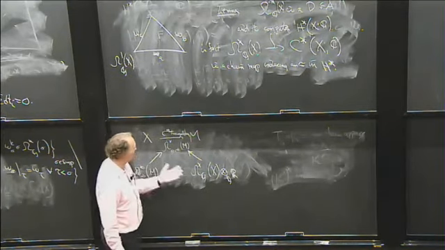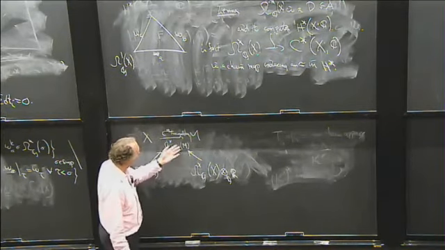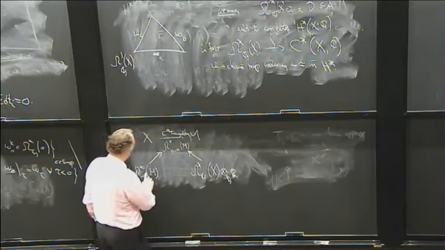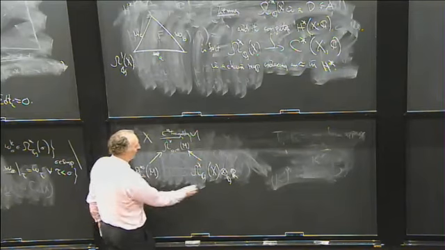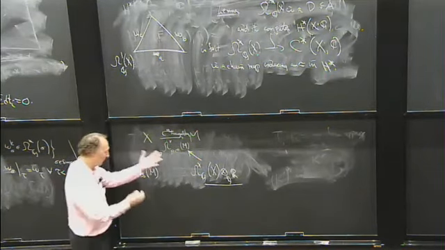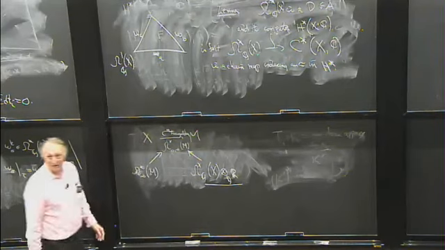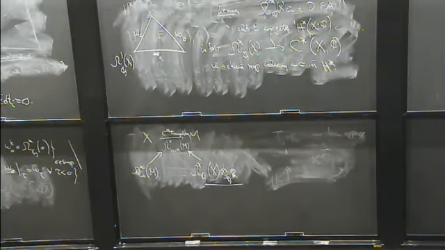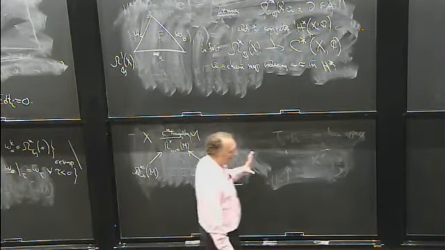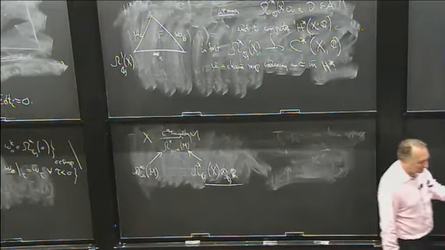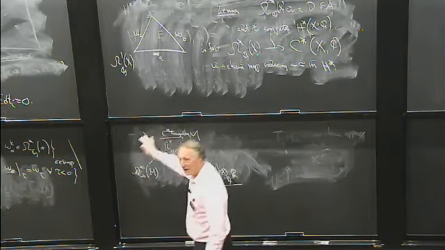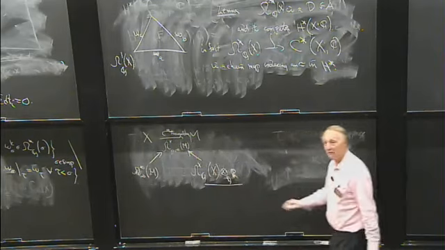Easy arguments, simplex by simplex, show that these induce isomorphisms in cohomology, and therefore the C infinity forms on M and the real form of the piecewise smooth forms on a smooth triangulation are equivalent in the category of differential graded algebras up to quasi-isomorphism. Okay? So we've got a nice solution to the commutative cochain problem, which is more geometric and in particular fits better with smoothness when we have a smooth manifold.